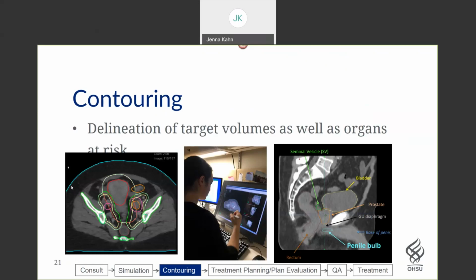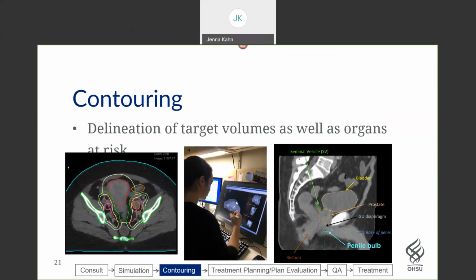There are great contouring guidelines and atlases. This is a pelvis, and each structure is drawn out, including here's a rectum, here is the pelvis, here are the lymph nodes, and we're drawing the target as well as normal structures.